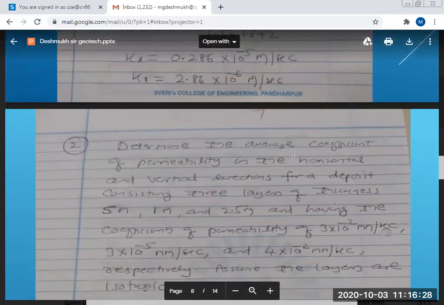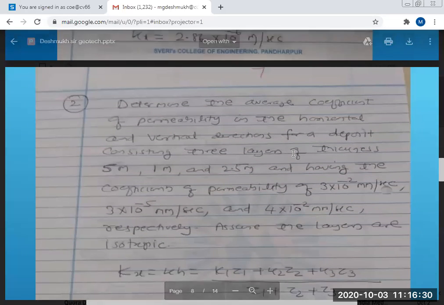Now take down this question. It is the same, and you do it yourself and tell me, write please. Determine the average coefficient of permeability. Next question.